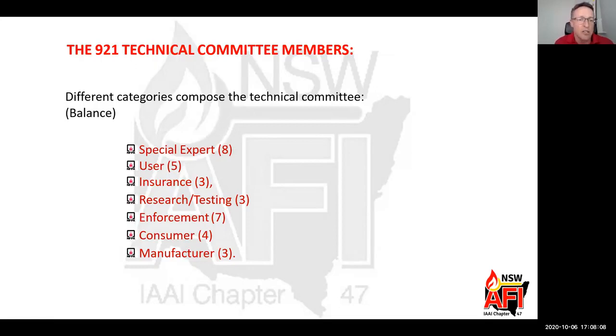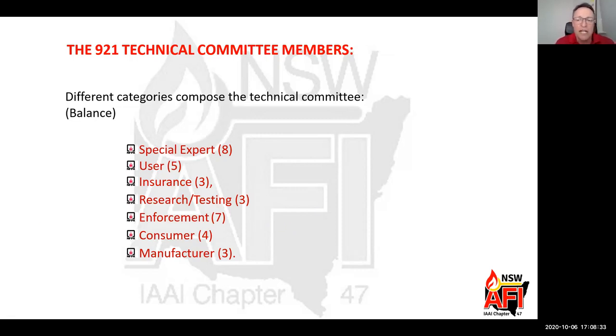In terms of the technical committee, this is what it is made up of. They have about 33, I think it is 34 members on the committee. So it's a pretty large committee. And these are the different people within that committee. Experts, users, people from insurance, people from research, law enforcement, and then obviously consumers and manufacturers are also represented on this committee.